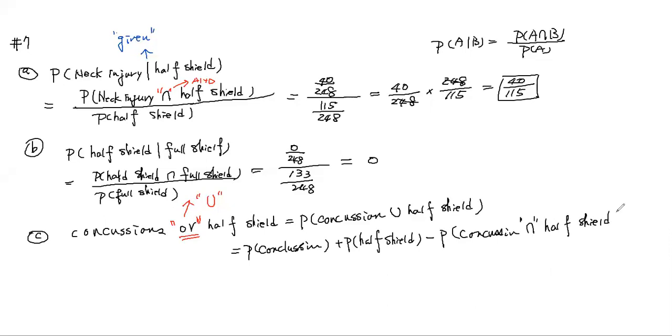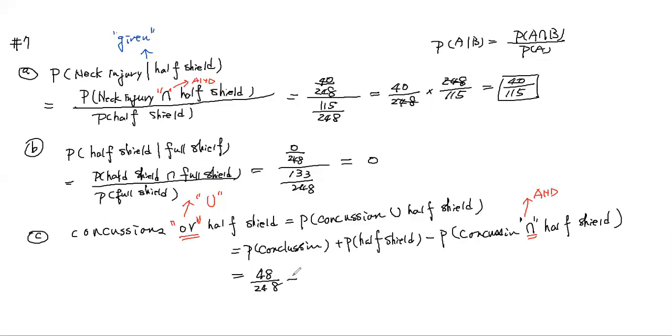That's just the addition rule we have been using many times. As usual, the keyword intersection means and, so it's a concussion and a half shield. Okay, let's take a look. How do we find the probabilities here? How many concussions do we have? The total is 48, so it's 48 out of 248.